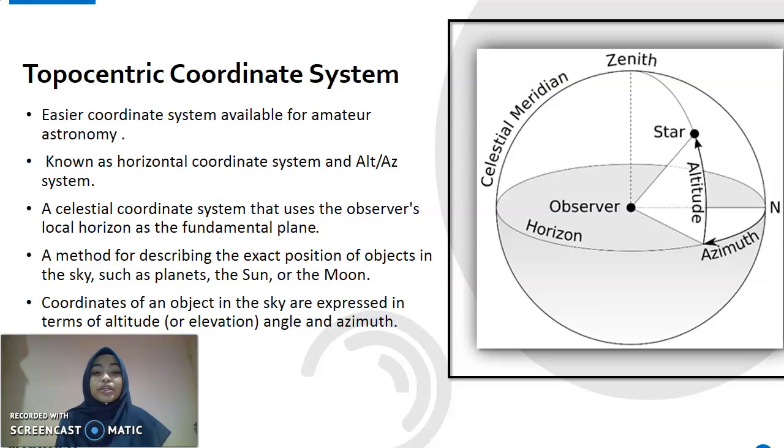It is a celestial coordinate system that uses the observer's local horizon as the fundamental plane, and it is also a method for describing the exact positions of objects in the sky, such as planets, the sun, or the moon. Coordinates of an object in the sky are expressed in terms of altitude or elevation angle, and azimuth.